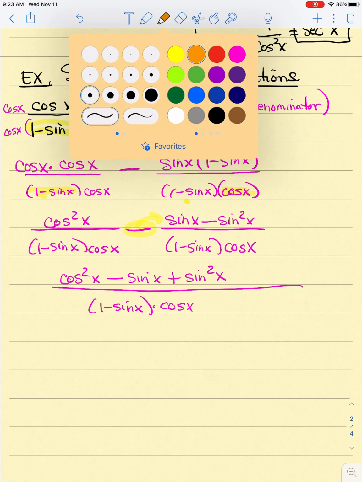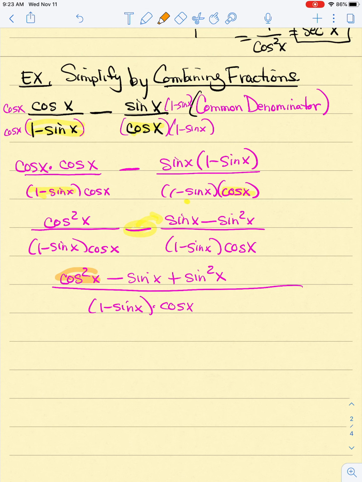I happen to see cosine squared plus sine squared. Cosine squared plus sine squared is just 1. And then it leaves a minus sine x behind, all over 1 minus sine x times the cosine x on the bottom.